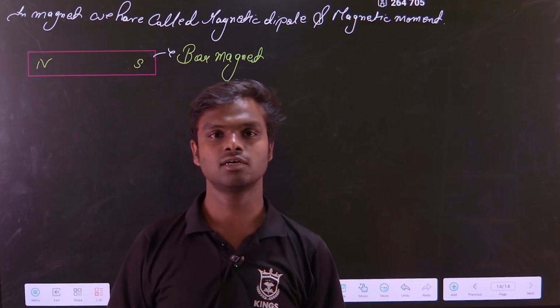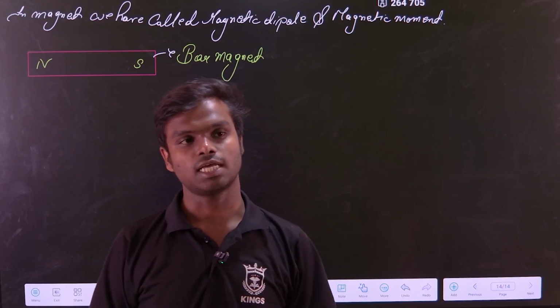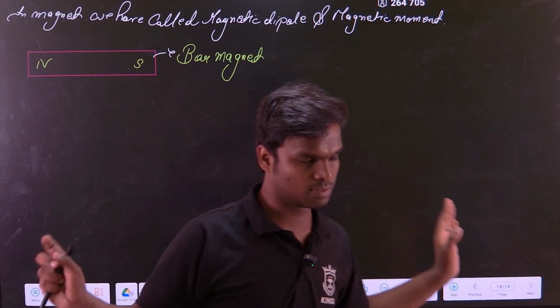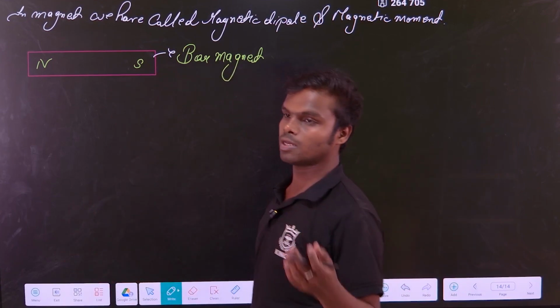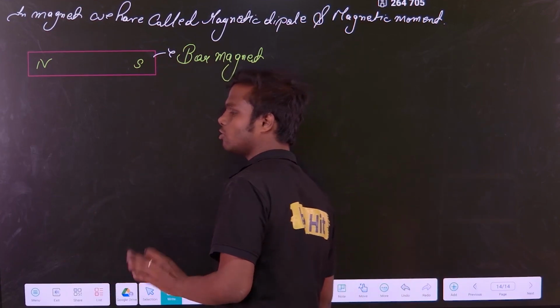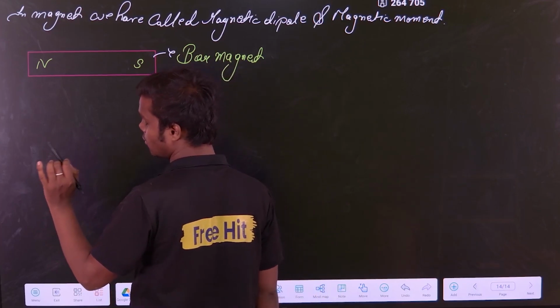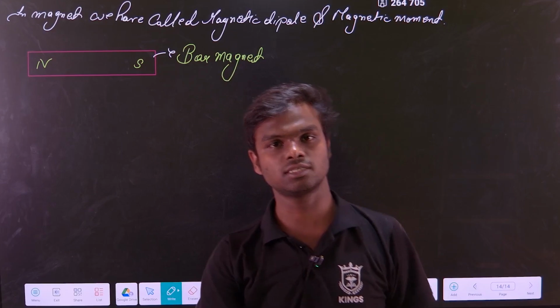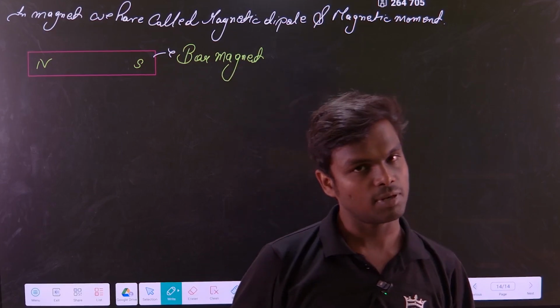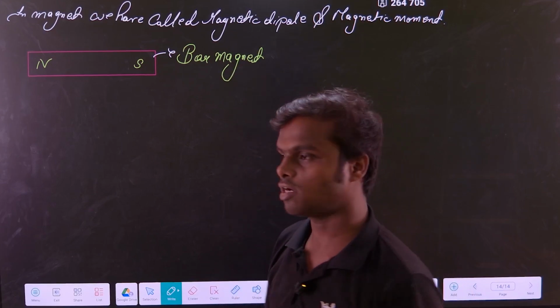Just replace the north pole by plus q and the south pole by minus q. All the formulas will be exactly the same. That is called an analogy.